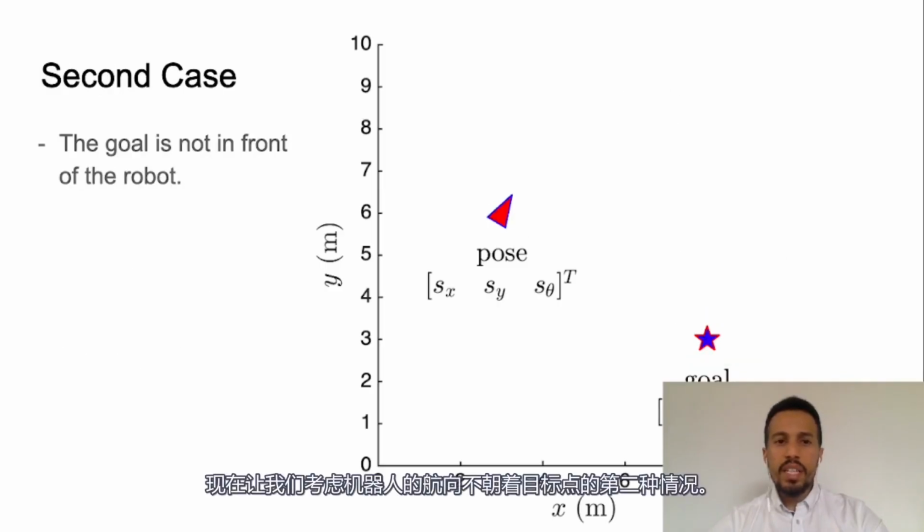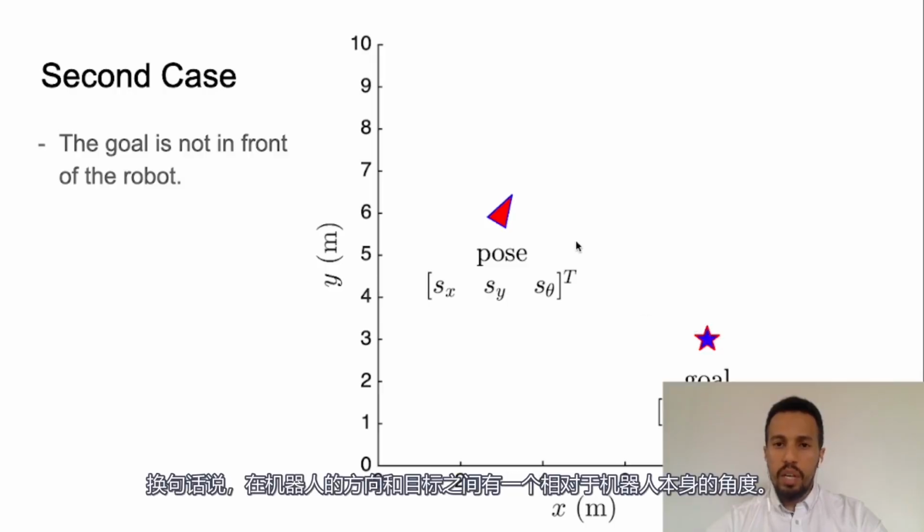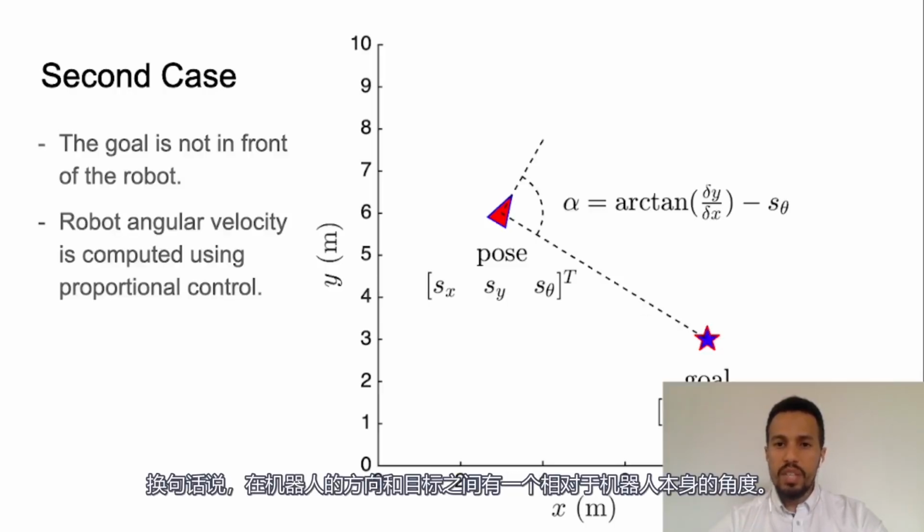Now let's consider a second case where the orientation of the robot is not aligned with the goal itself. In other words, there is an angle that spans the area between the robot heading and the goal with respect to the robot itself.